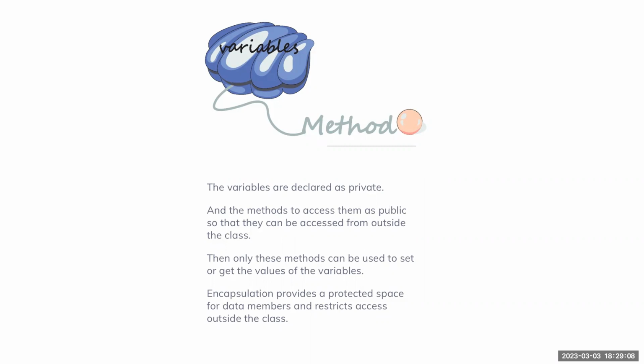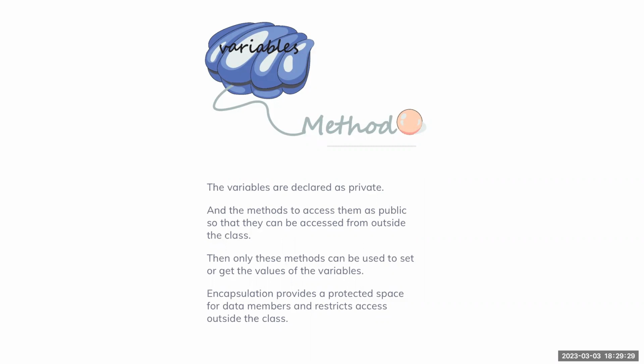So then only these methods can be used to set or get values of the variables. Encapsulation provides a protected space for a data member and restricts access outside the class.